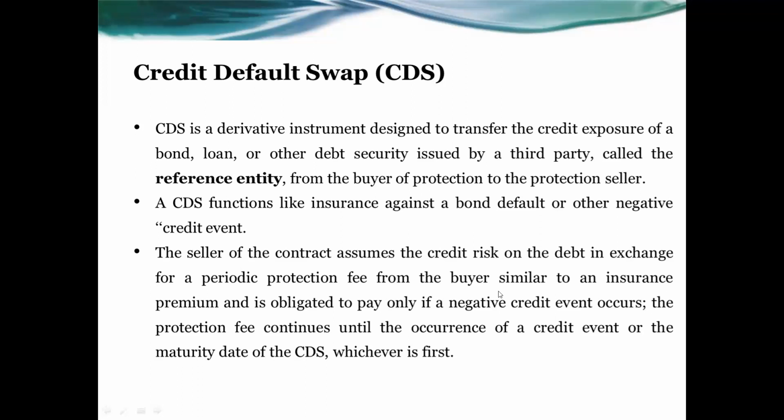The seller of the contract assumes the credit risk on the debt in exchange for a periodic protection fee from the buyer, similar to an insurance premium. And the seller is obliged to pay only if negative credit events occur. Right? Now, for an example, if the exchange rates are changing, when the interest rates are highly fluctuating, one party may be getting disadvantages.